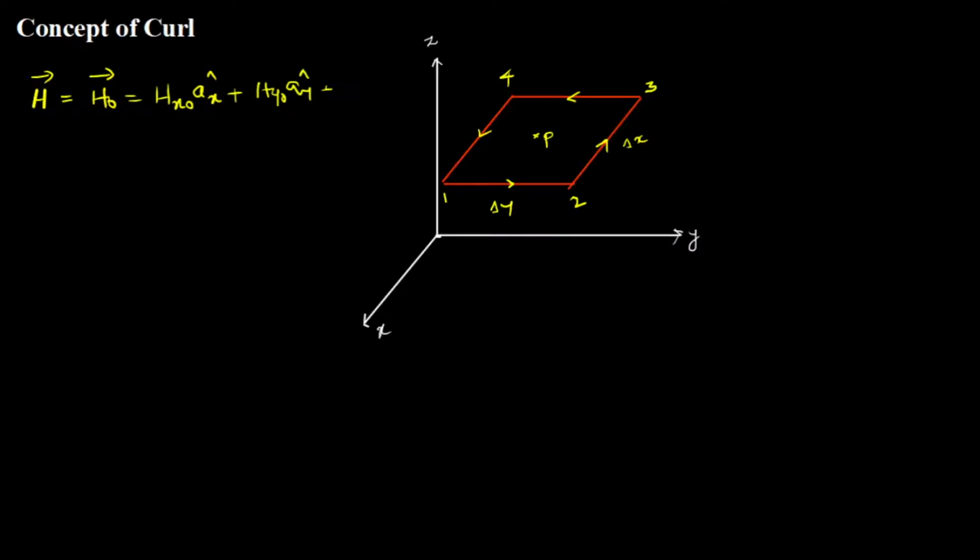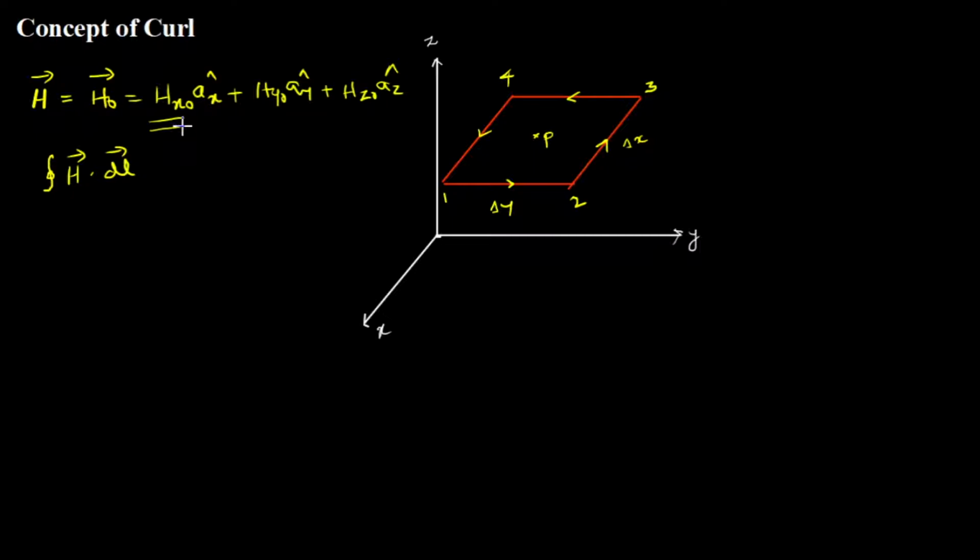So these are the initial values of the magnetic field intensity in all the directions. Now the closed line integral of H over this path I have to calculate. What I do next is apply Ampere circuital law. So I have to evaluate the closed integral of H dot dl. Keep this as a reference.